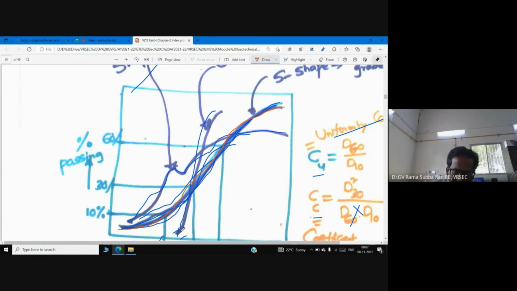If it is a steep curve, that means almost all the particles have the same size, where we can expect Cu less than 2. Cu less than 2 is for uniformly graded soil. If your curve has any jump, then it is skip graded. So this is the detailed discussion about the particle size distribution curve, also called the grain size distribution curve, also called the gradation curve. Thank you all.